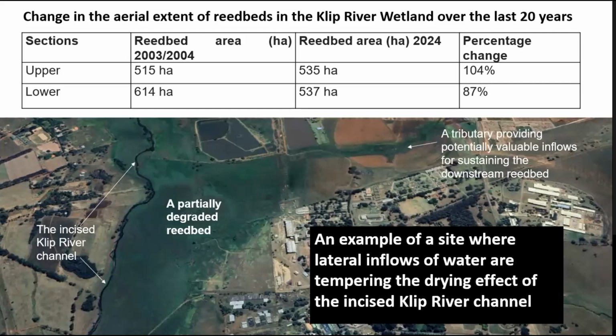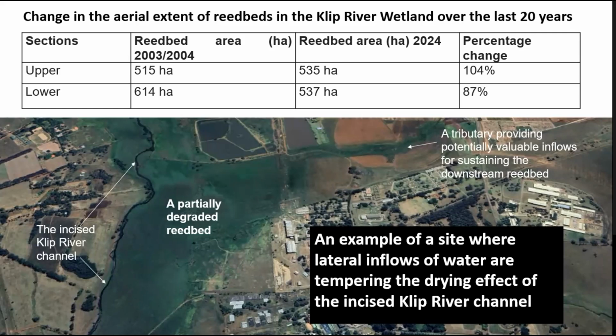But just importantly to note is that although on the left of the image you can see the incised Klip River channel, which, as I indicated, is having a draining effect on the reed beds, this draining effect is certainly not complete.